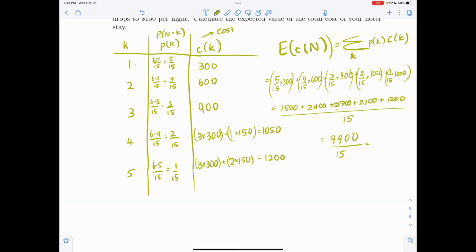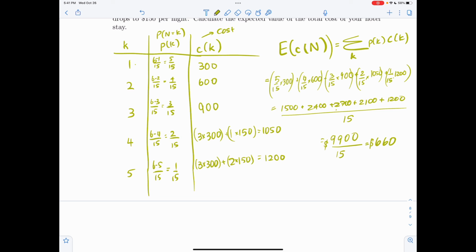And this can actually divide, so you get 460. All right, so that's the expected cost.